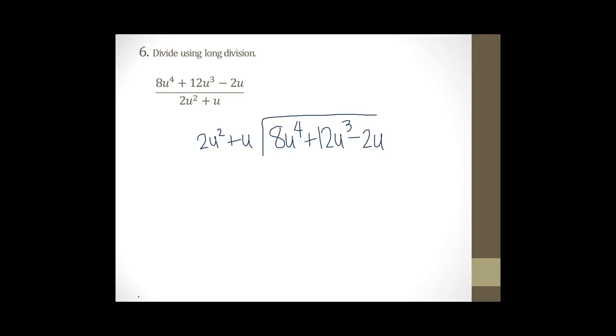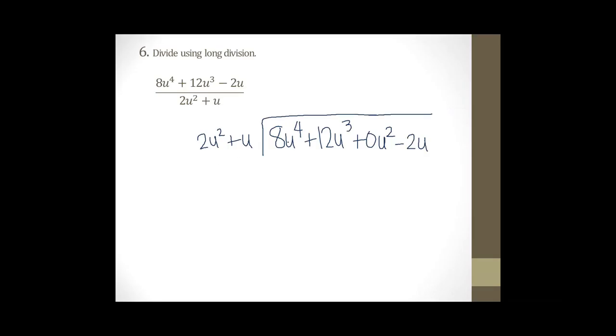So let me erase, and I'm going to insert a u squared term. So we've got u to the 4th, u cubed, so we're going to say plus 0u squared, and then we can write our minus 2u. Okay, so now we're ready to go.